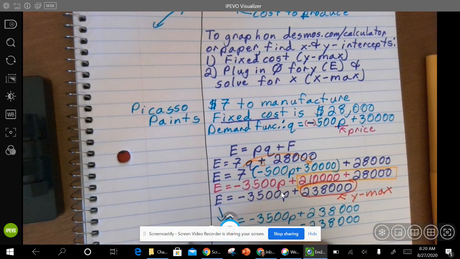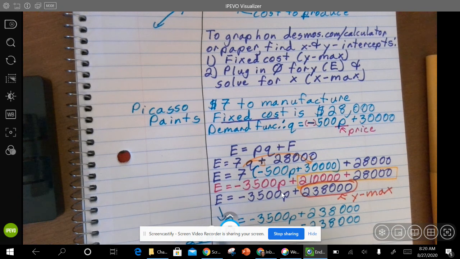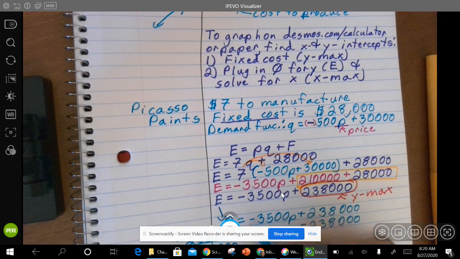What we do to one side, we've got to do to the other side. So 0 minus 238,000 gives us negative 238,000. I just bring the negative 3,500 down, and then the other side would be 0.